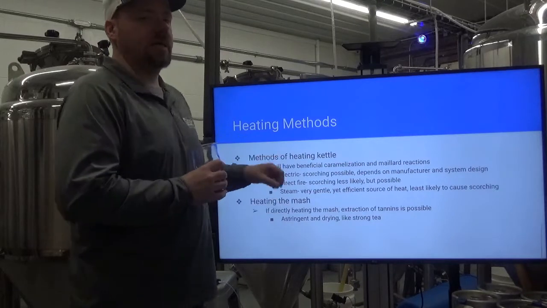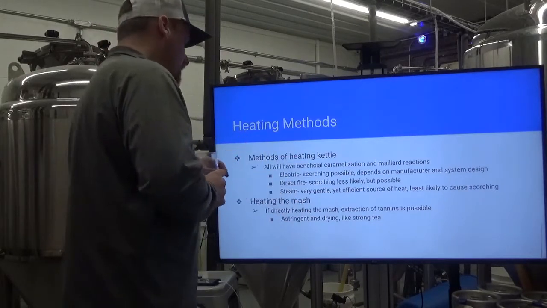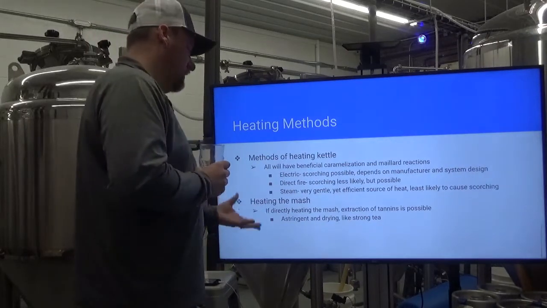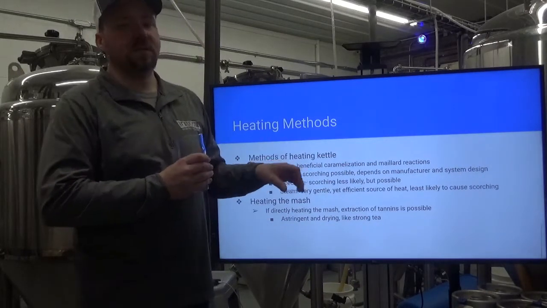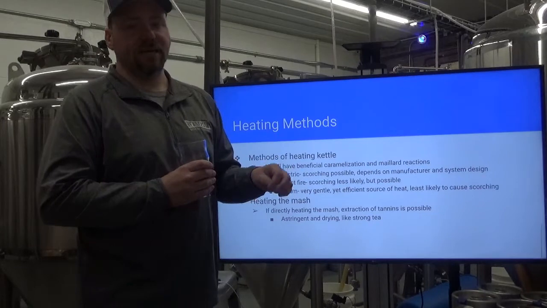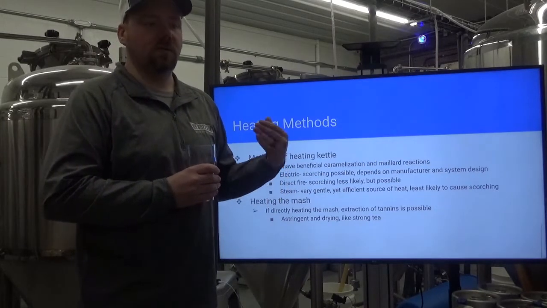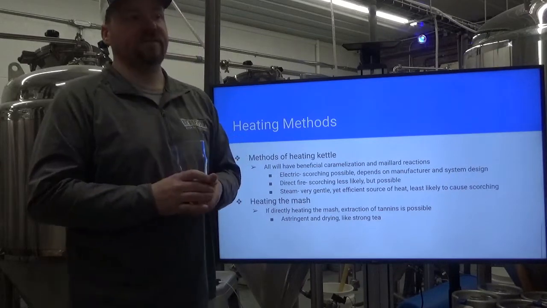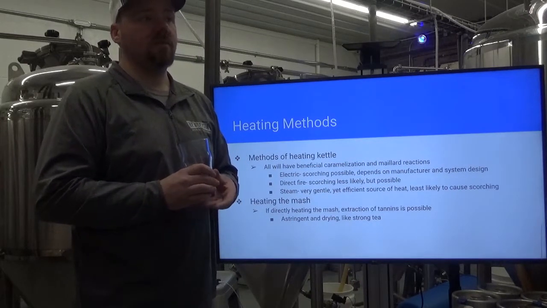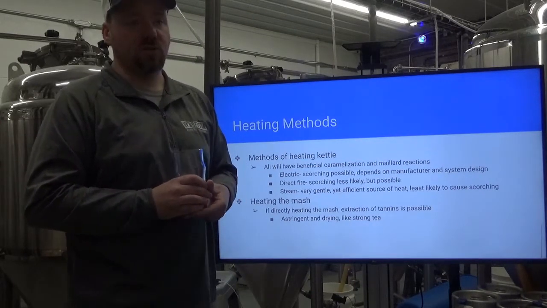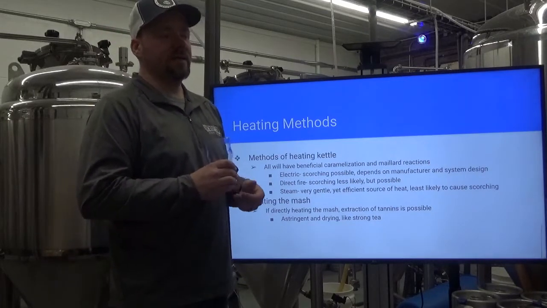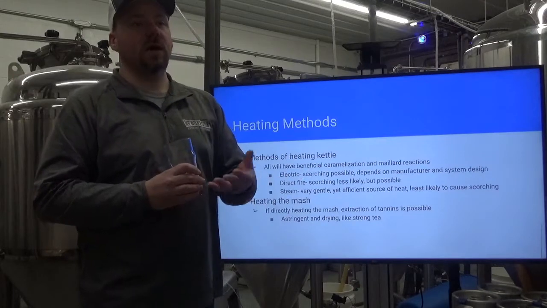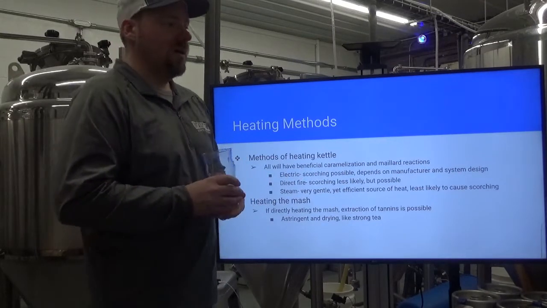If your system heats the mash, you want that to be as gentle as possible. There is always a possibility of extracting tannins or polyphenols from the grain husks. Now that is more dependent upon the pH of the solution that you're dealing with than it is the temperature, because we're already dealing with temperatures that are hot enough to extract the tannins.